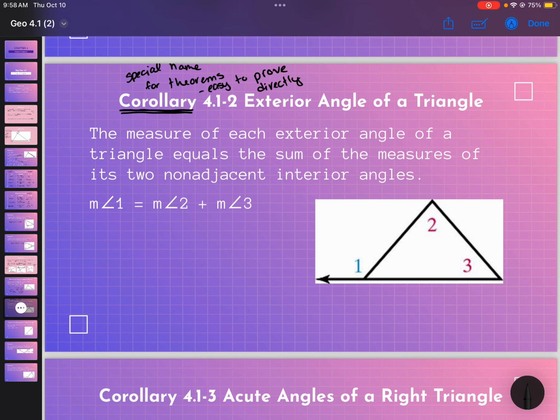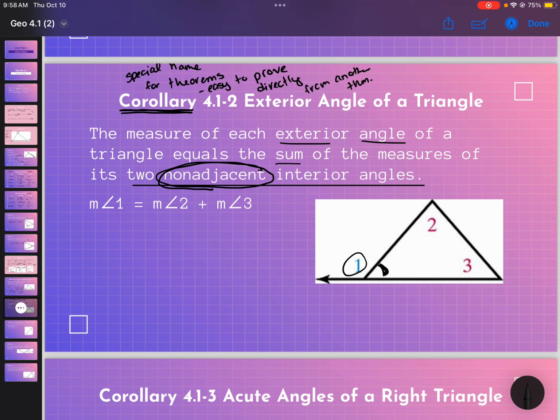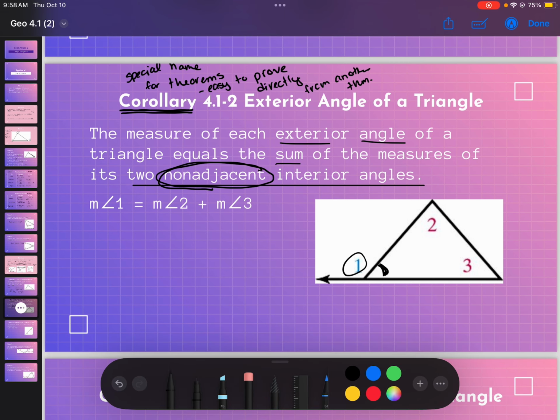It kind of follows directly from another theorem. Okay, this corollary states the measure of each exterior angle of a triangle equals the sum of the measures of the two non-adjacent interior angles. Okay, so non-adjacent here. I know that this angle right here would be adjacent to angle 1. So I'm not going to include that one.